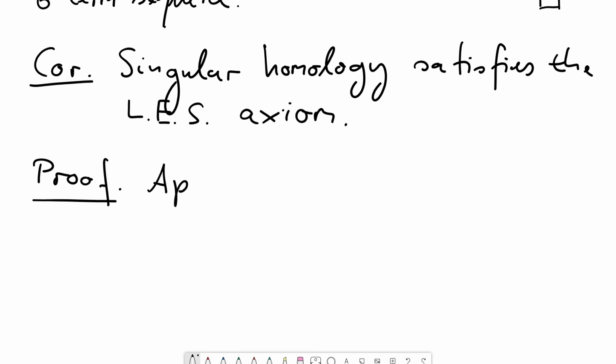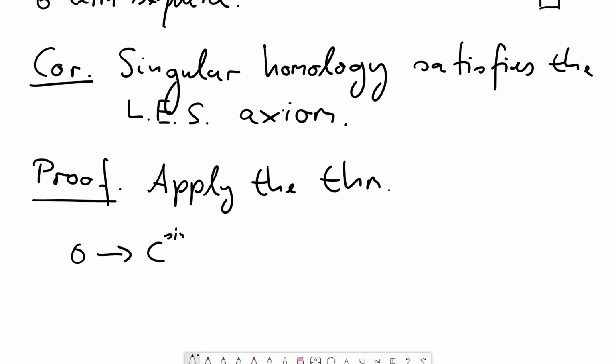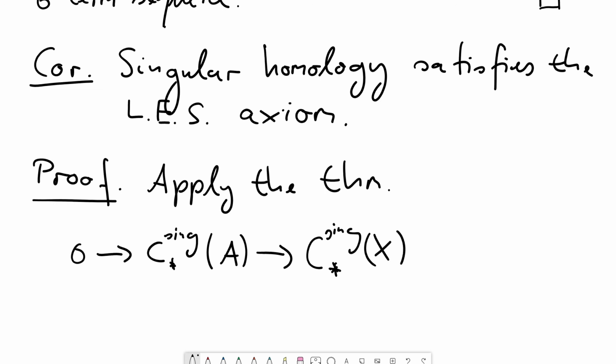It's applying the theorem to the following short exact sequence of chain complexes, namely the one where we first take the chain complex of the subspace A. Then we take the chain complex of the whole space X.